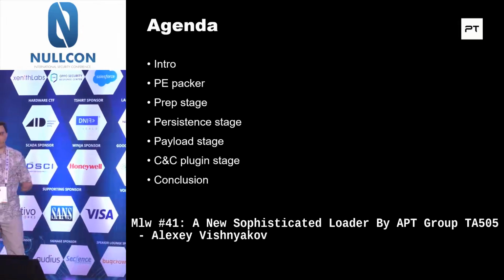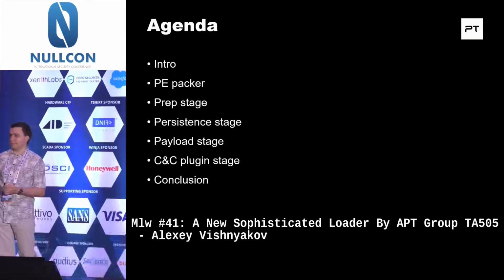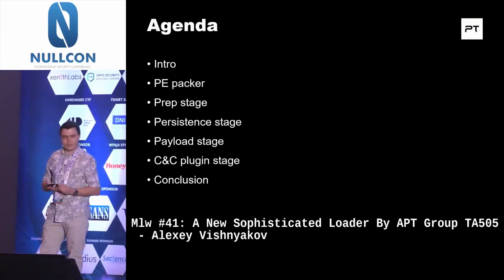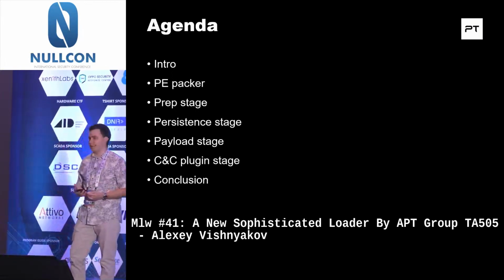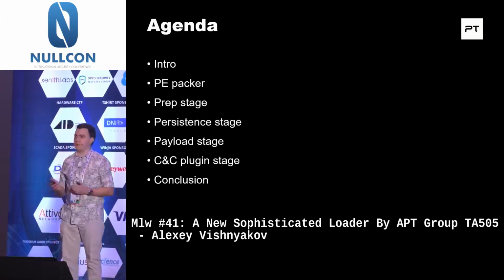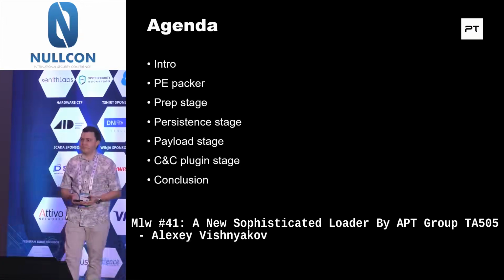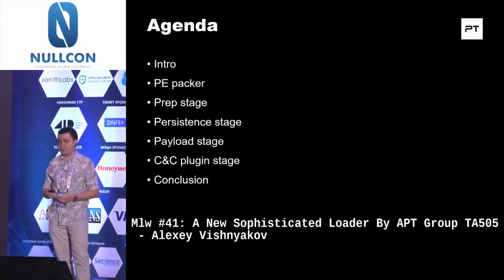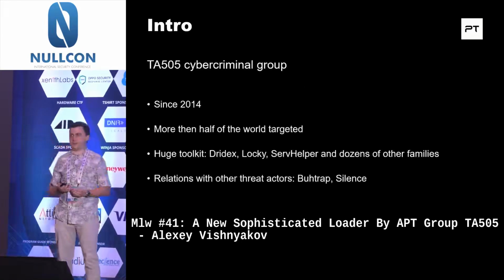Then a few words about the preparation stage. We'll learn how it achieves persistence on the system and invokes a payload. We'll finish the threat analysis part with network interaction, and after that I'll summarize everything said and give a few tips for blue teamers. So let's begin.